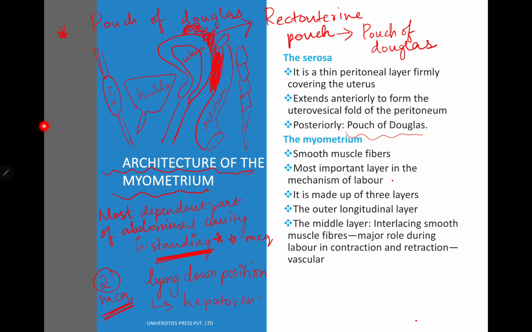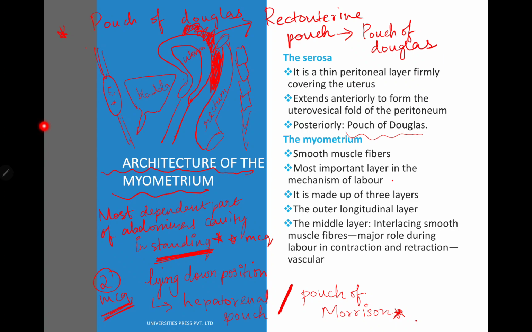Hepatorenal pouch is otherwise known as what? Pouch of Morrison. This is very, very important. These two are very favorite MCQs. So the most dependent part of abdominal cavity in standing position is going to be your rectouterine pouch or pouch of Douglas, and the most dependent pouch in lying down position is going to be your hepatorenal pouch or pouch of Morrison.